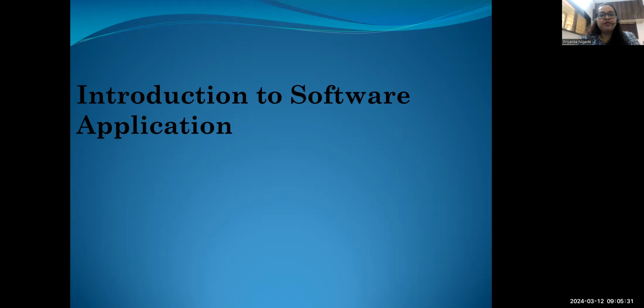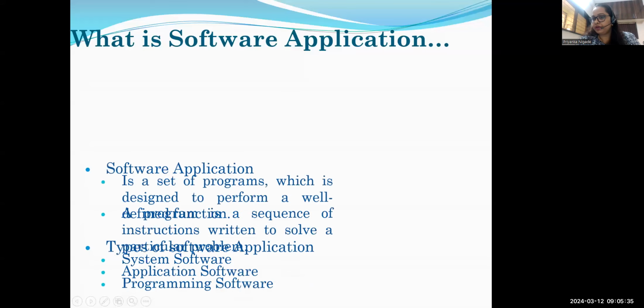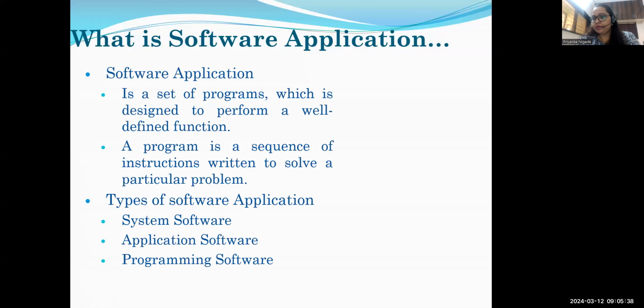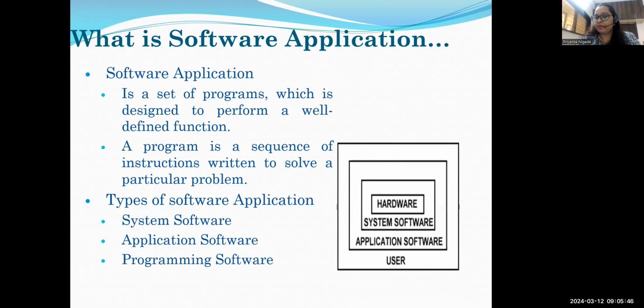So in the last session, we discussed what exactly a software application is. In simple words, a software application is nothing but a set of programs, a set of instructions, which is used to implement a software or to perform a certain action. This is called software application. At a broader level there are two categories: system software and application software.